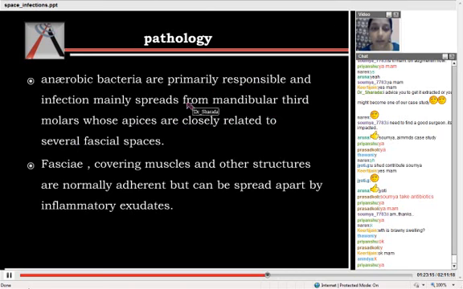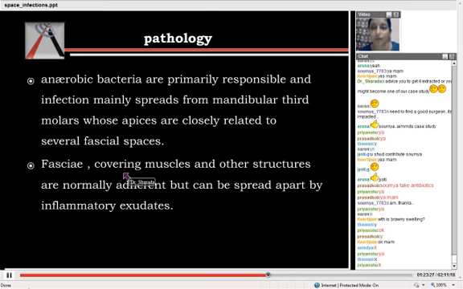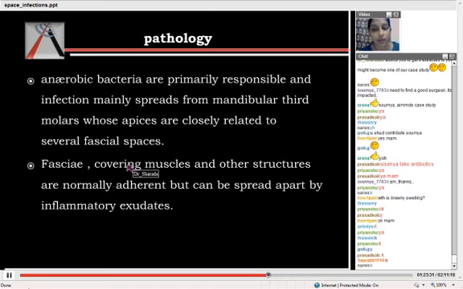So remember, your mandibular third molar, like I showed you in the diagram, is related to several facial spaces. It's not limited. You cannot say that it just gets limited to submandibular or pterygomandibular or retropharyngeal. It is related to many facial spaces.